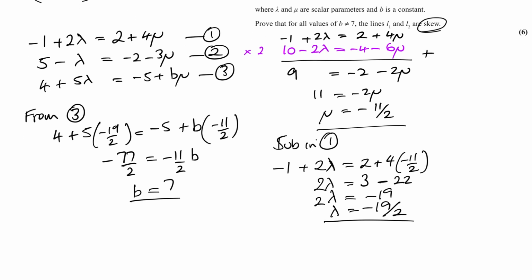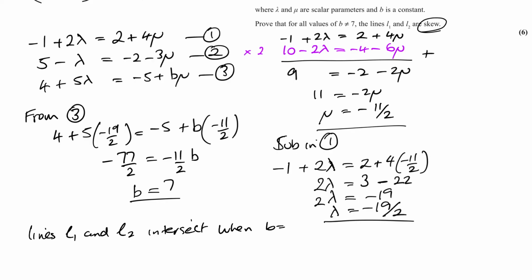So this is now how we go about getting our final marks. So lines L1 and L2 intersect when b equals 7.